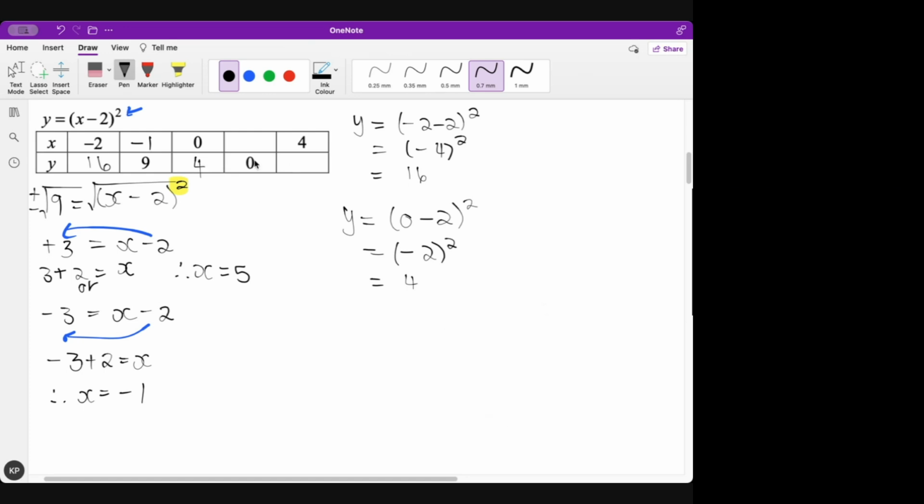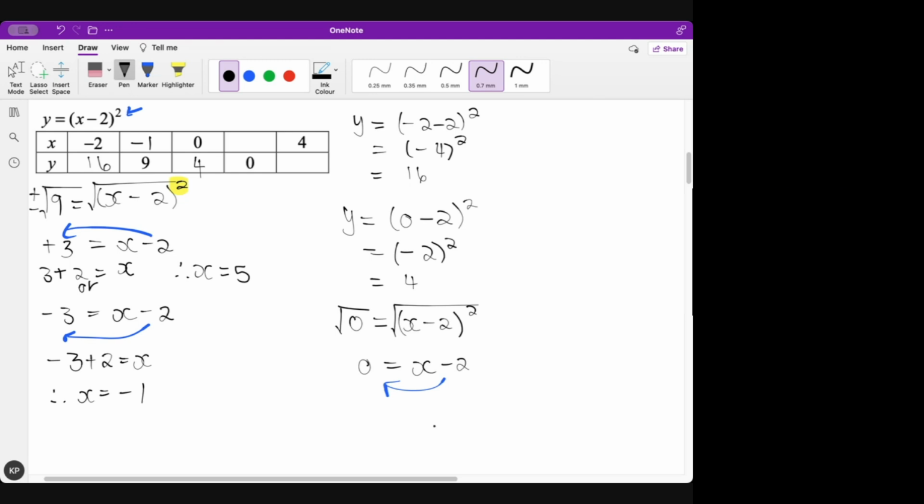Okay, let's look at the next one. This time my y is equal to 0, so 0 is equal to x minus 2 squared. What's the square root of 0, guys? It is 0. This time I didn't add a plus minus. Why not? It doesn't even matter. 0 can't be positive or negative.